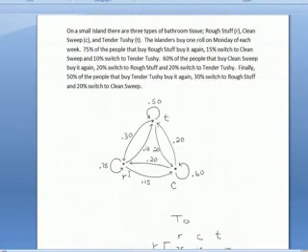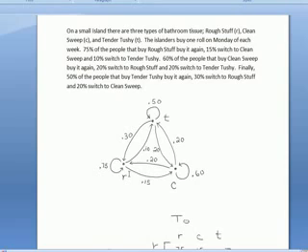The next application you did in the 9th grade also, and I think we did this with Reebok, Nike, and Fila. On a small island, there are 3 types of bathroom tissue: Rough Stuff, Clean Sweep, and Tender Tushy. The islanders buy 1 roll on Monday each week. 75% of the people that buy Rough Stuff are going to buy it again. 15% switch to Clean Sweep, and 10% switch to Tender Tushy.